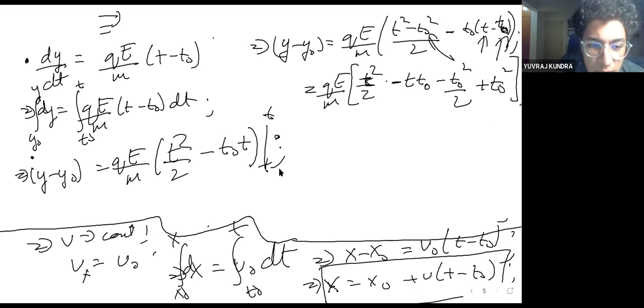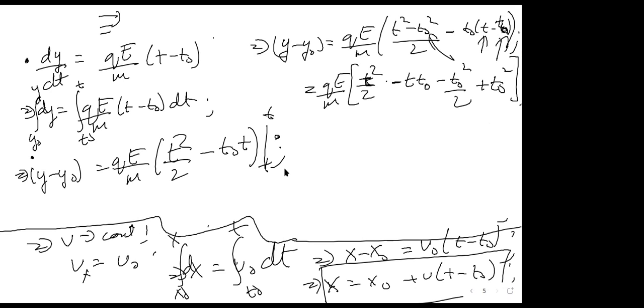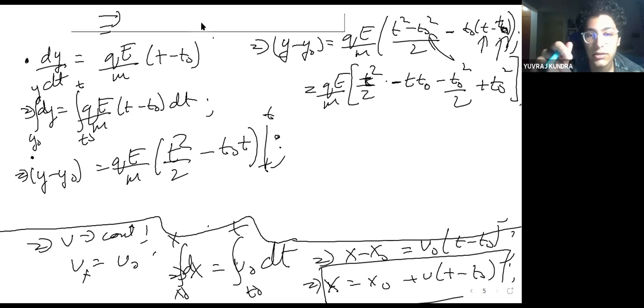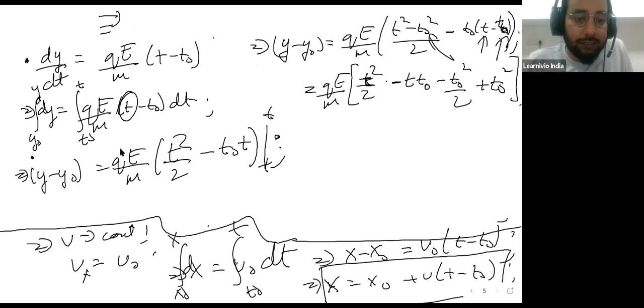Sir, when we integrated, where did T square minus T naught square upon 2 come from? So you had a t here. The integral is t square.